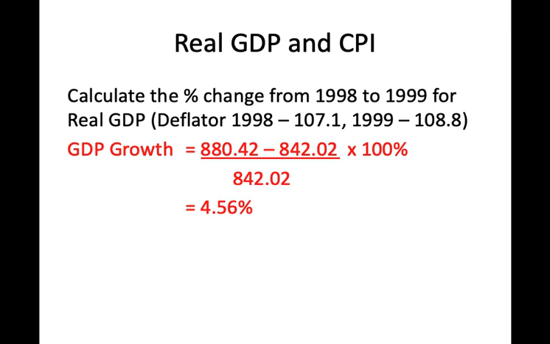So my question for you is, why am I using this in our CPI conversation? What is this deflator? If you look at the 1998 deflator of 107.1 and the 1999 deflator of 108.8, what number is that? Where do I get this? The answer is that number is CPI, okay?